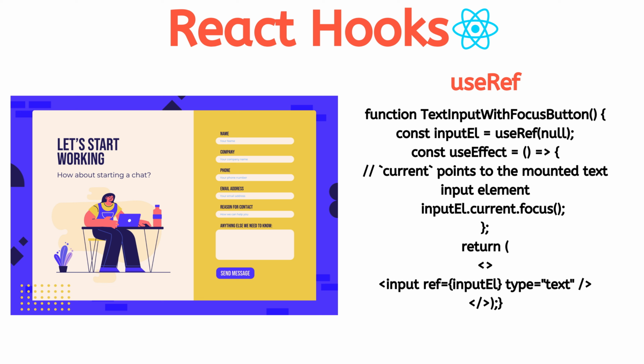Element meaning the name text box reference, that is input el, the input element. We can get hold of the input element dot current dot focus, so that as soon as the page is loaded, the focus will be by default on the first text box.